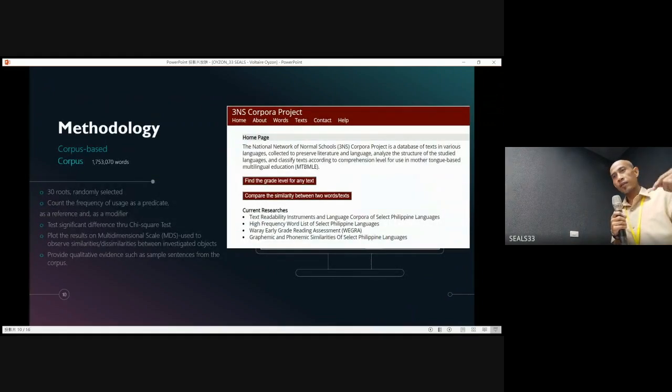So I selected 30 roots randomly and then counted the frequency of usage and tested the significance. I also provided sample sentences on how they appear as predicate, reference, and modifier. And then I plotted the result using multidimensional scaling to observe the similarities and dissimilarities between investigated objects.